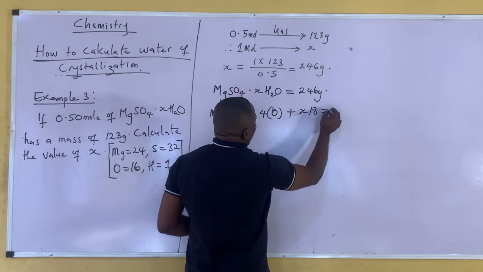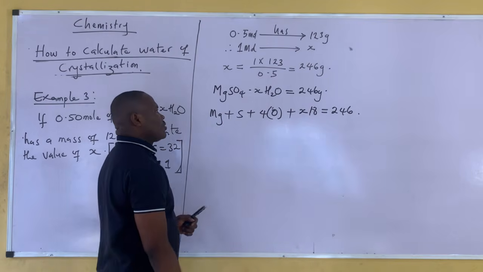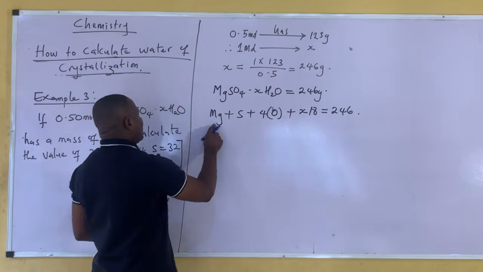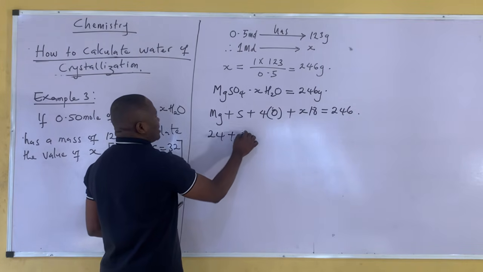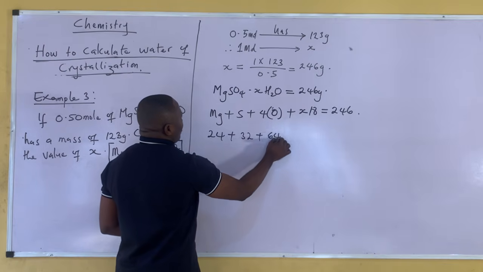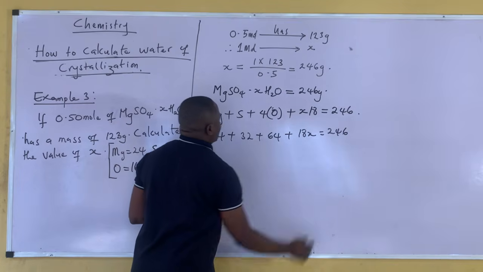So 18x is equal to 246. What is Mg? Mg is 24. So that's 24 plus 32 plus 64 plus 18x is equal to 246.